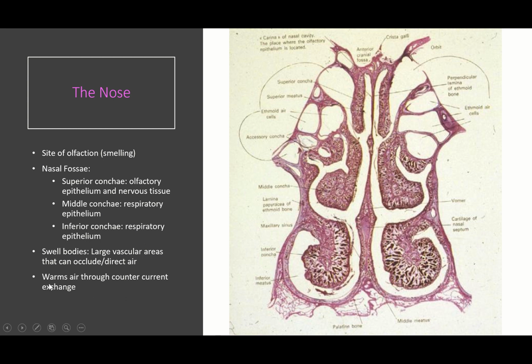And then an important thing, so we said the conducting portion warms air going into your respiratory system. And so the way that it does it, your nose is really good at warming the air that enters it. And it does that through countercurrent exchange. And basically what that means is we constantly have air going in this way, and then we constantly have warm blood going out this way, right?